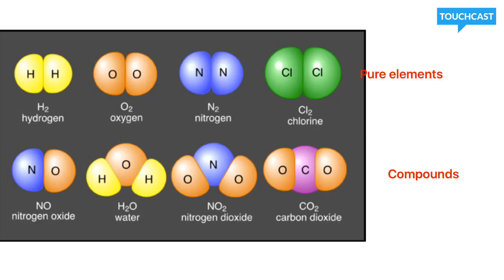A compound has 2 or more elements and they're bonded together. So if you look here, for each one of these compounds, the different elements are bonded together, and when you have different elements bonded together, it changes the properties of both elements. We're going to go ahead and look at a real quick example of that.